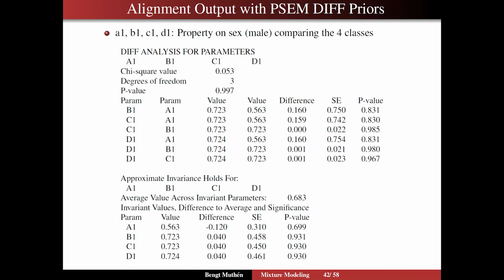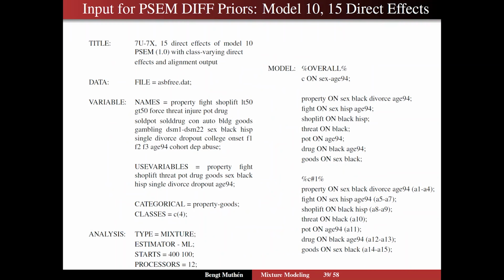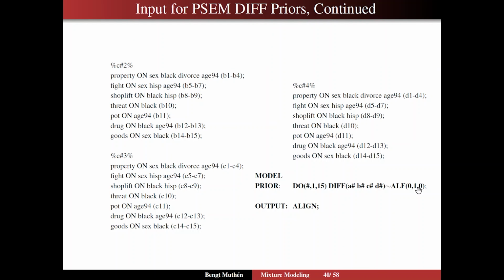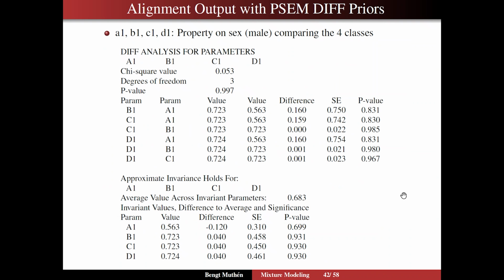So if you go back to slide 39 here, you see that you have A for class 1, B for class 2, etc. And if you look at A1, it's property on sex, the first one of the direct effects for the property item. Going back to 42 again, we're looking at property on sex comparing the four classes here.